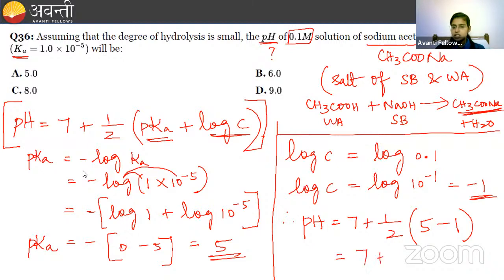So 7 plus 2 is equal to 9. Therefore, the pH value is 9 for this sodium acetate solution. Option D is the correct answer for this question. Now let's go for question number 39.